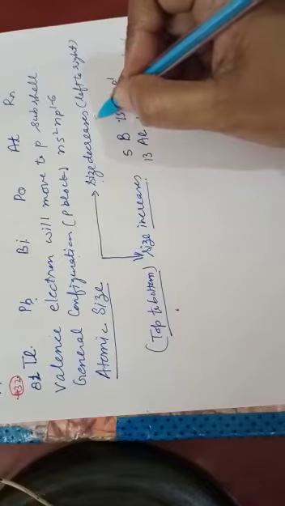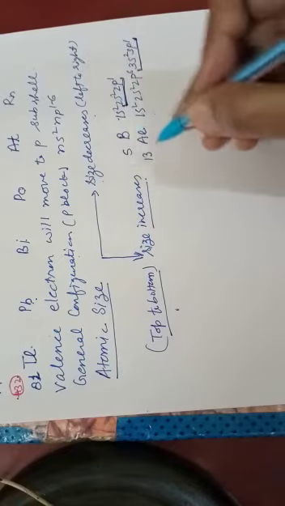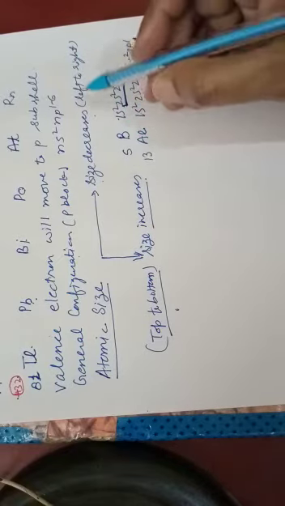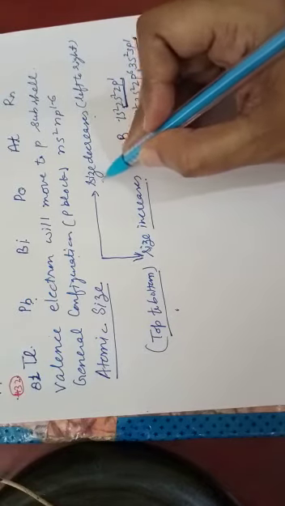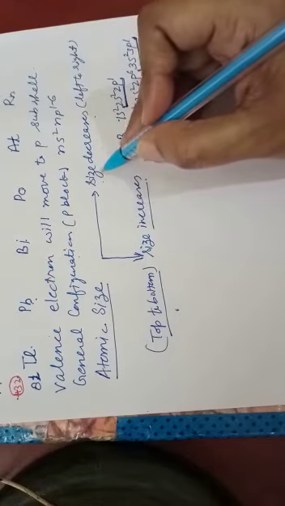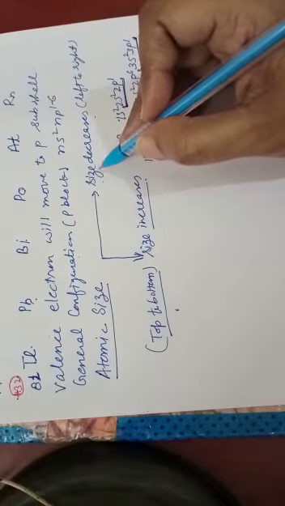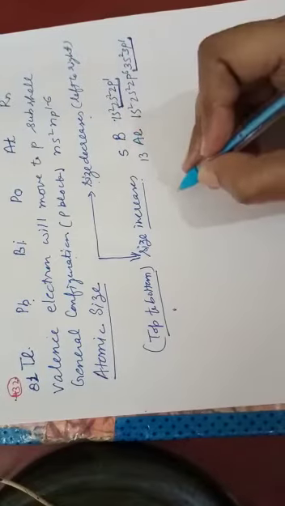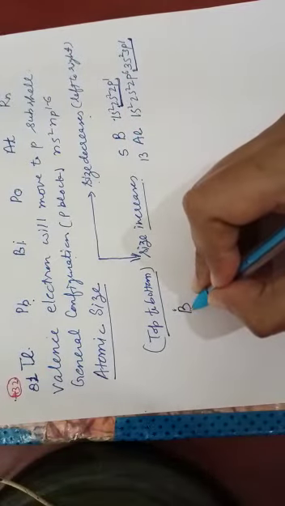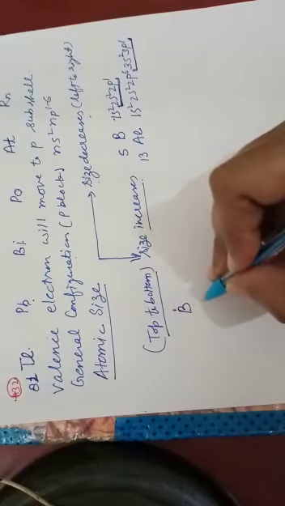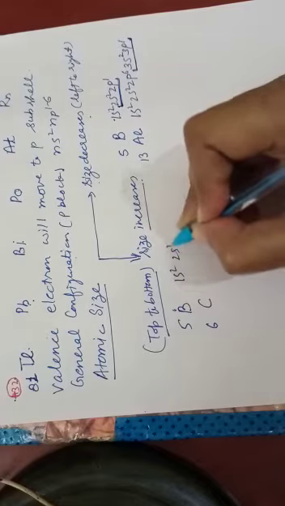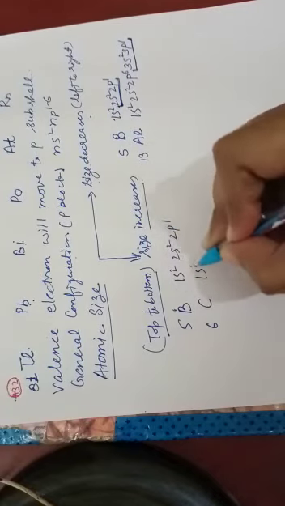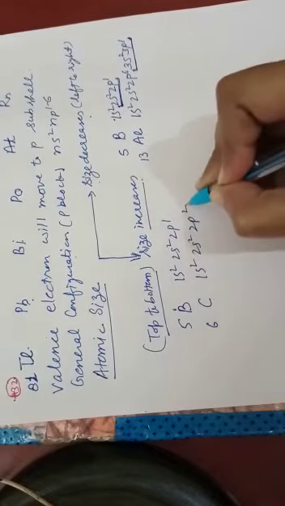Why does size decrease when we are moving left to right? Because the electron is entering the same shell. Take the example of boron and carbon. This is boron: 1s2, 2s2, 2p1. Carbon: 1s2, 2s2, 2p2.